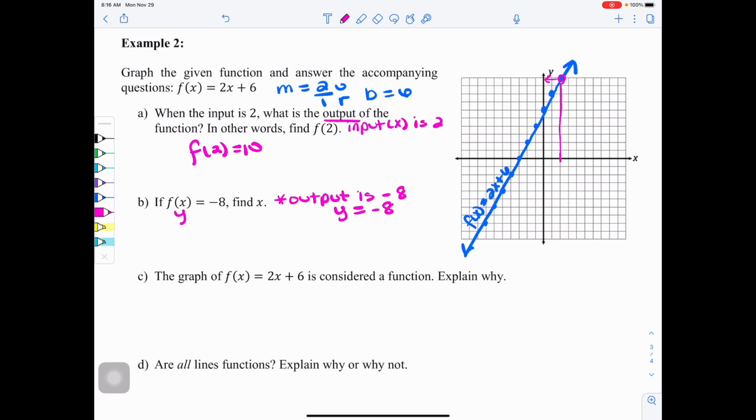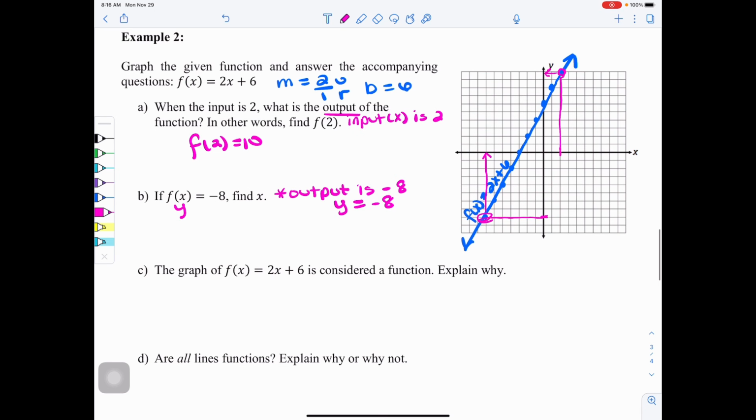So I'm going to go to the y-axis and find -8. I'm going to follow it over to find the coordinate and see that the corresponding x value is -7. So x equals -7.